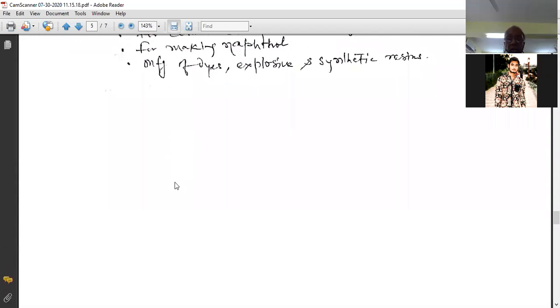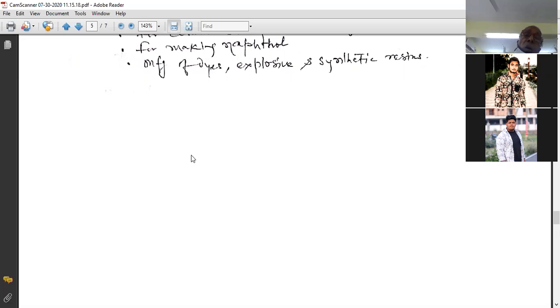So this is all about naphthalene, and next day we will discuss the orientation rule of benzene and naphthalene, how they react at different positions. For example, in the benzene ring, if we use any electrophile, it goes to any position from carbon number 1 to 6.